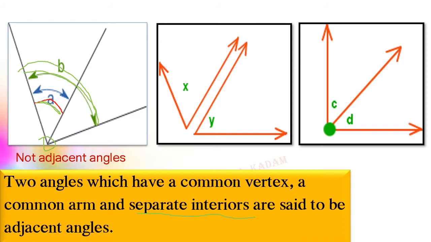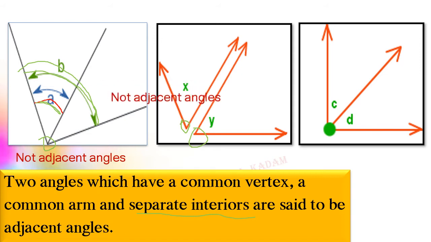Now in this case, angle X and angle Y, their interiors are separate, but vertex of angle X is this, vertex of angle Y is this. Their interiors are separate, but they don't have a common vertex as well as they don't have a common arm also.